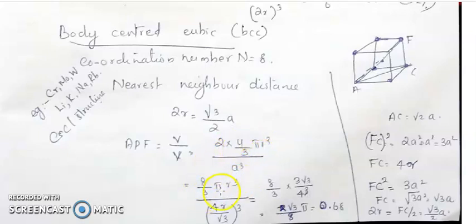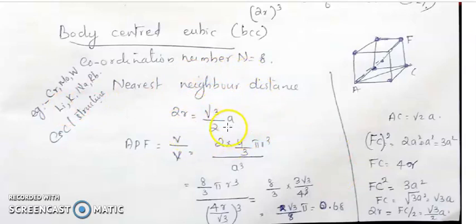So 8 by 3 pi r cube. Then for A you can substitute from here. A is equal to 4 into R divided by root 3, the whole cube. You can cancel and the value is found to be 0.68. So here it is also less than 74%. So we can consider that this body-centered cubic is also a loosely packed structure. So more space is needed here.